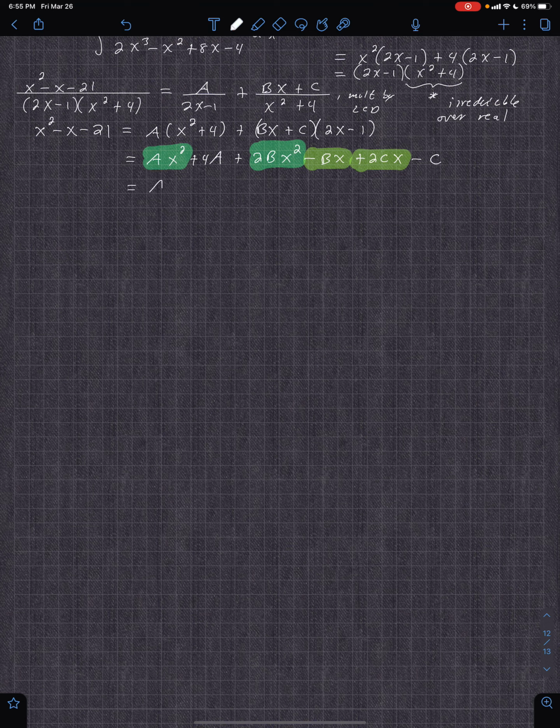So it'll be a plus 2b, and then you factor out the x squared. And then plus, that'll be 2c minus b, and you factor out the x. Looks good. Okay, and then you get plus 4a minus c.